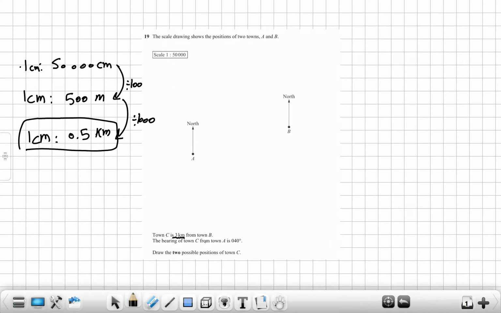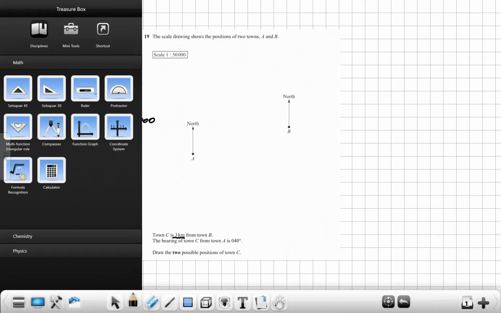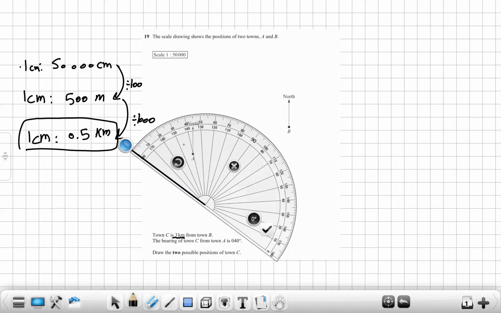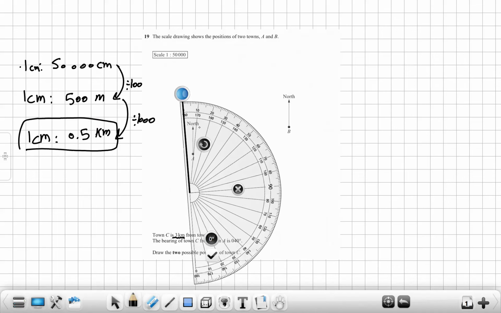The bearing of town C from town A is 040, which is 40 degrees. Okay, so the first thing that I'm supposed to do is to go to A and use my protractor, and we learned that the bearing is clockwise.